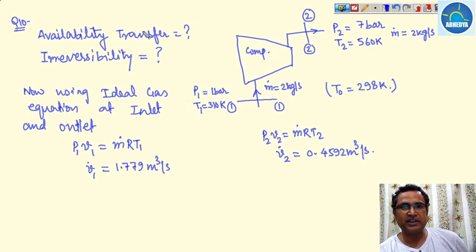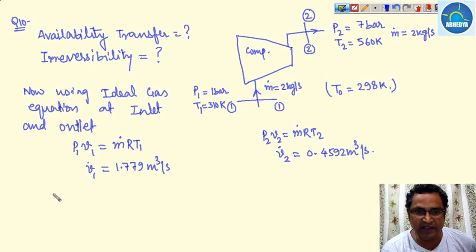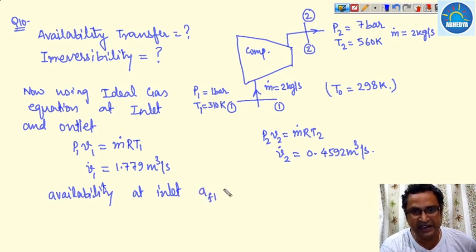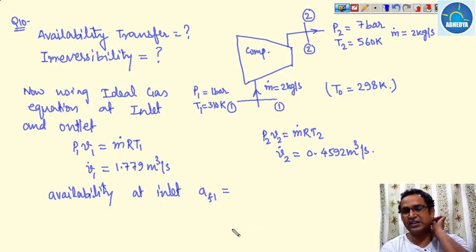So now the availability transfer. What is the availability at inlet? Suppose I write it as AF1, the availability at inlet.